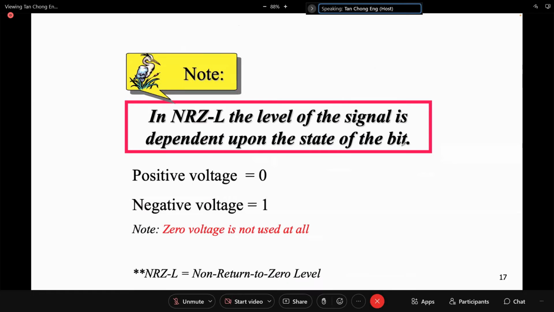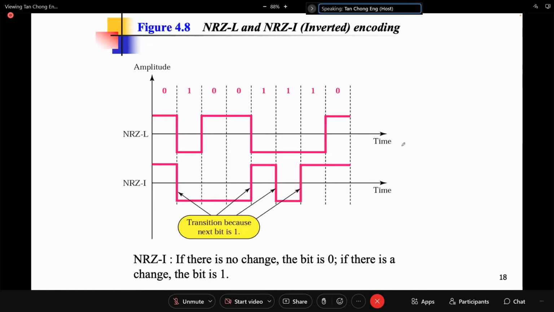So we just use an example like this. This is one example of a non-return to zero. See, this is positive 5 volt. And then this one over here is negative 5 volt.